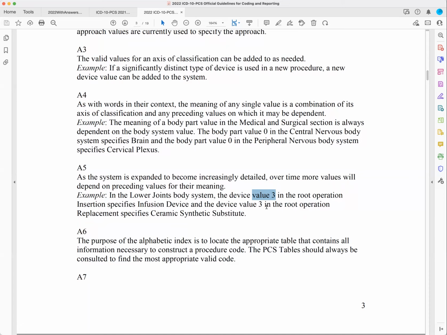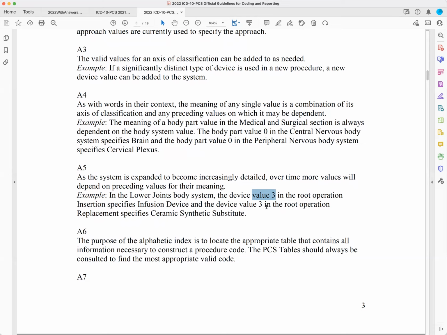You might also remember the character value for your operative approaches, because there's only a few operative approaches and that character value doesn't change. So you might start remembering that X is external, for example. But the rest of the values, don't try to remember them because their meaning varies depending on where you're at, depending on what body system you're in, depending on what section you're in. So that value of 3 may take on a different meaning depending on where you're at.